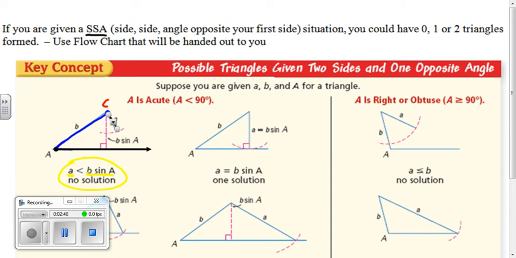It would look like this situation where even though it can go any direction it wants, it still will never get to the bottom and complete the whole triangle. So there are no triangles formed in that situation.